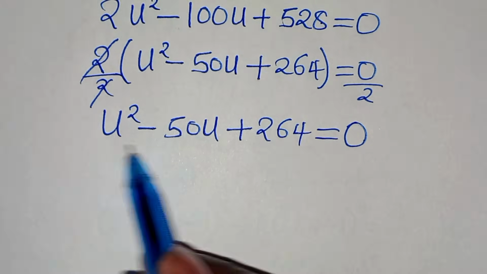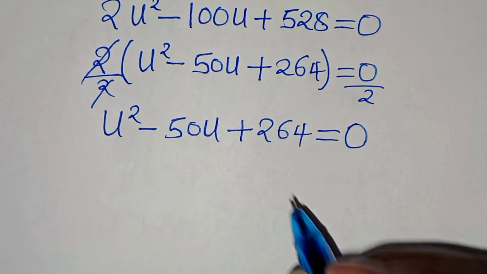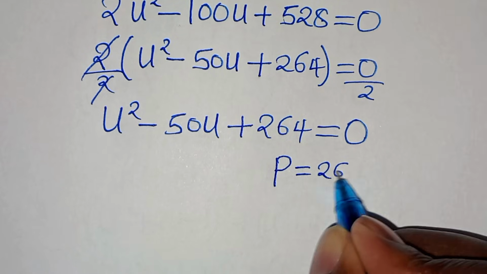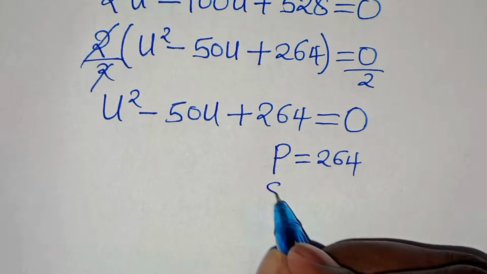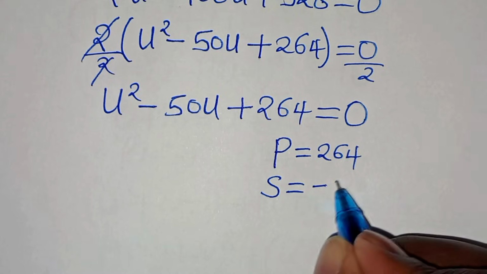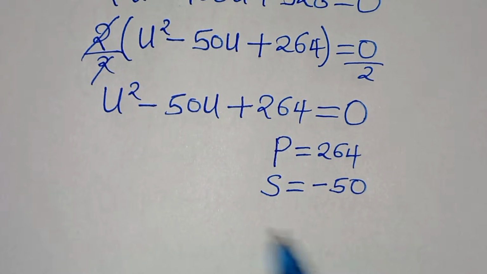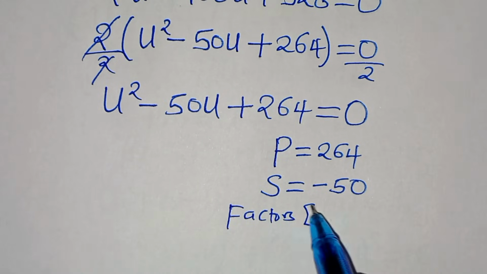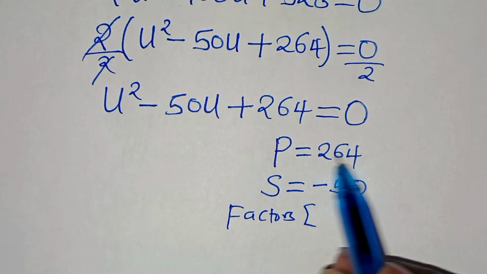So this is a quadratic equation that we can solve by factorization method. We have the product here is 264. We have the sum is equal to minus 50. So we can identify two factors. If we multiply these two factors, we get a value of 264.